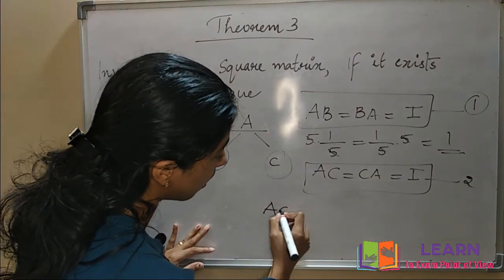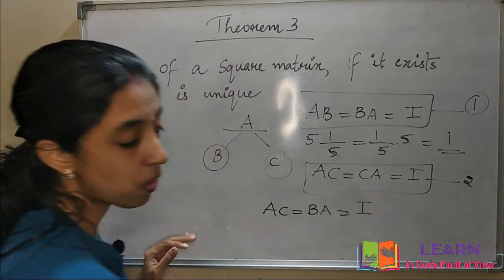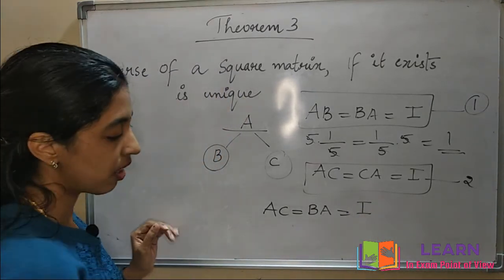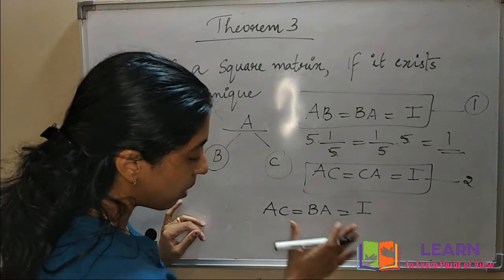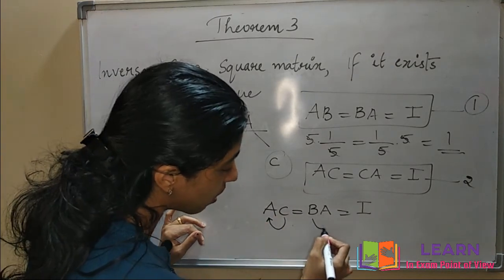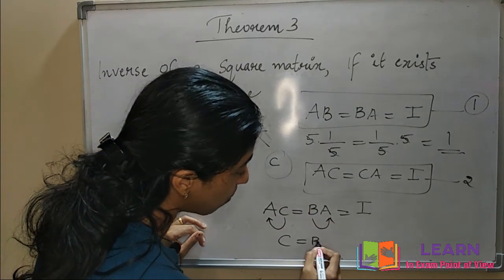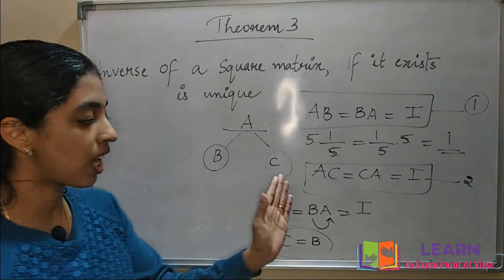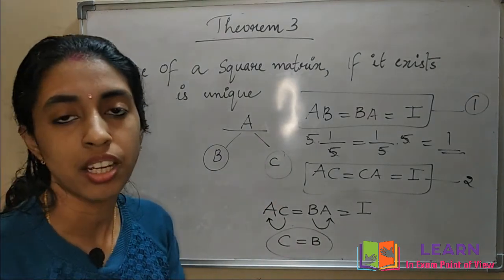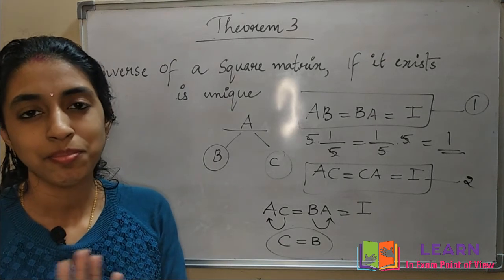That is AC equal to BA, which is equal to I, the identity matrix. Here what it means? C is the inverse of A, B is the inverse of A. That means both are the same. C is equal to B. If B and C are equal, it means it is unique. A has a unique inverse. Clear?